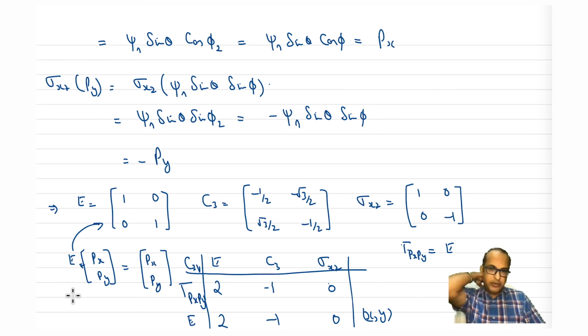So we have seen today a very important role of group theory, where wave functions can be taken as a basis set and their properties can be discussed, whether they are lying along x and y axis or not.